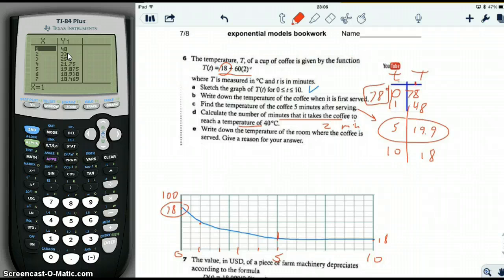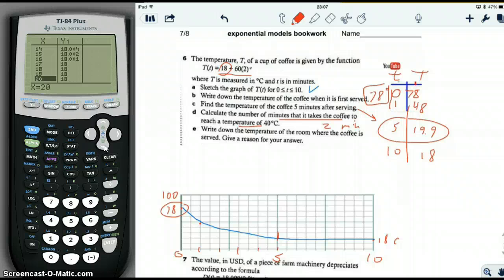It says write down the temperature of the room where the coffee is served, give a reason for your answer. Okay, so the asymptote approaches 18 Celsius after 10 minutes, and you can see that the temperature hardly changes. It's just getting closer and closer to 18.